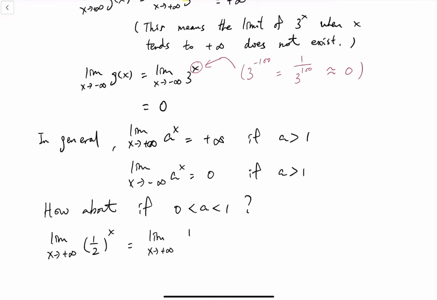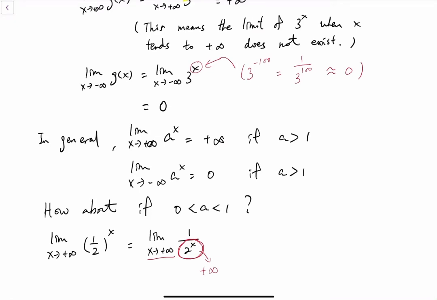So we can get 1 over 2 to the power x. Then what is the value of this when x tends to infinity? This will also tend to positive infinity, right?